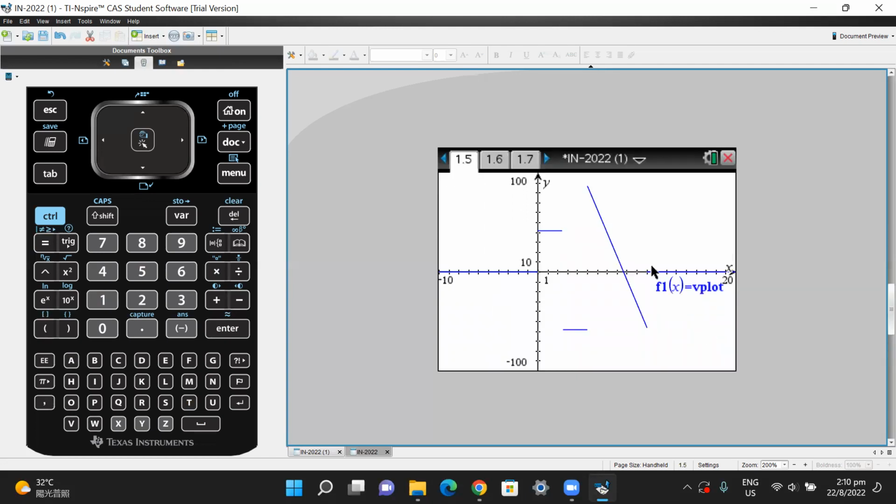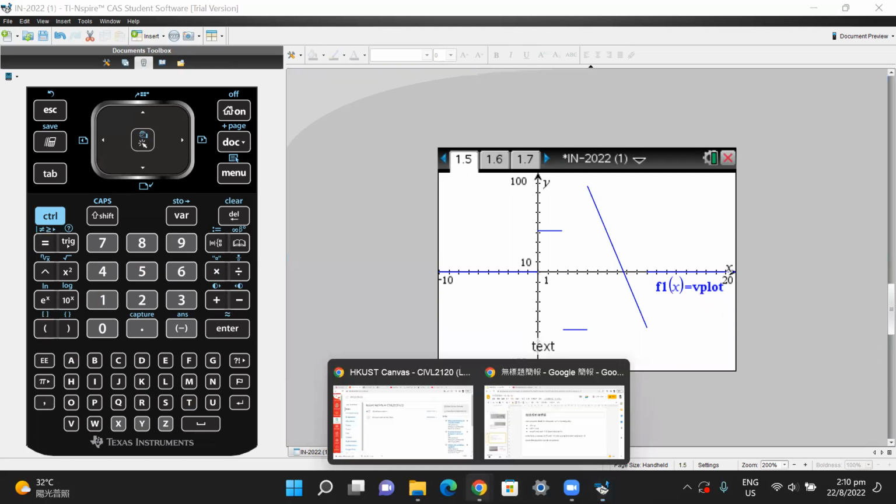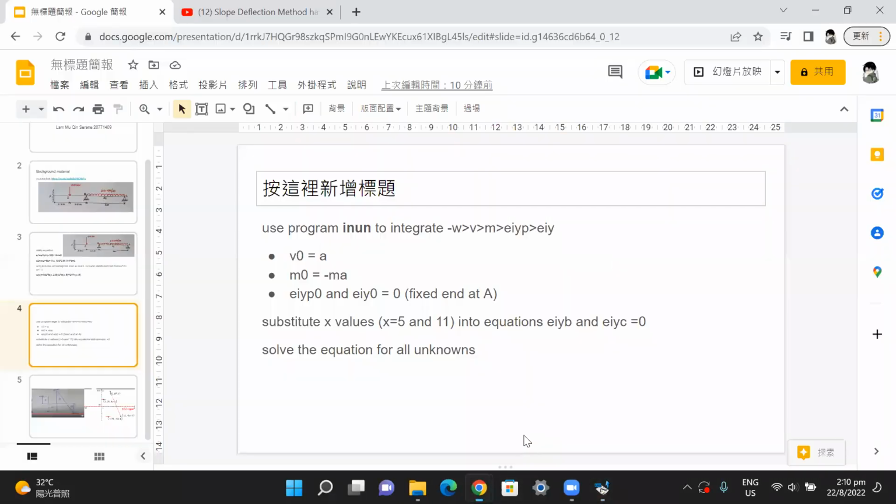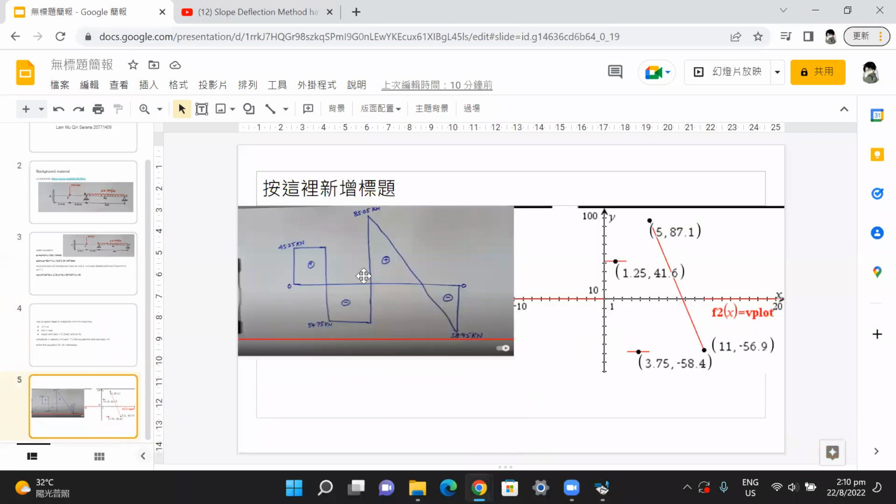Okay, let's see. And we could see we have a similar shape here as the traditional solution that was done in the YouTube channel that was done by hand.